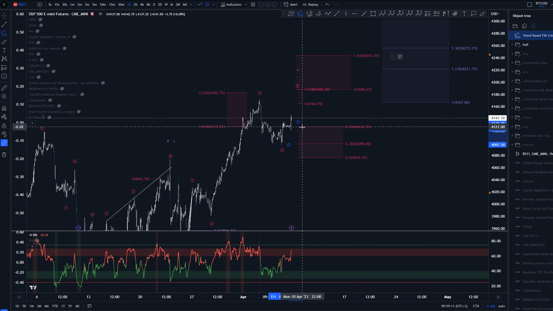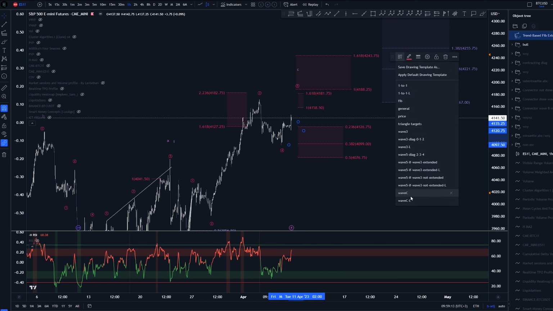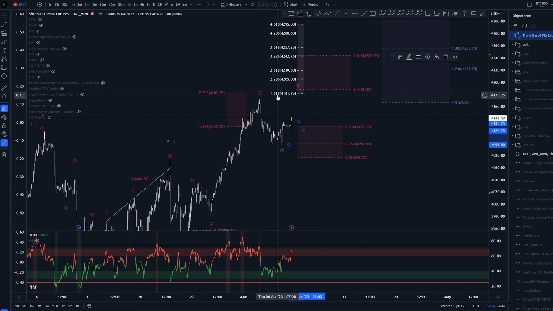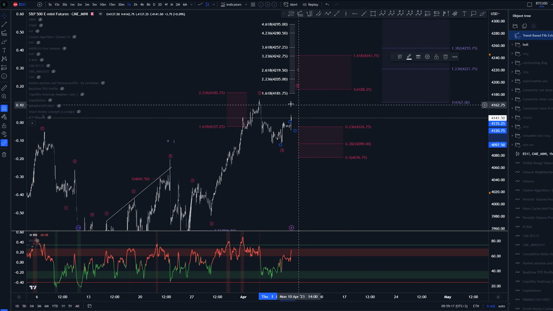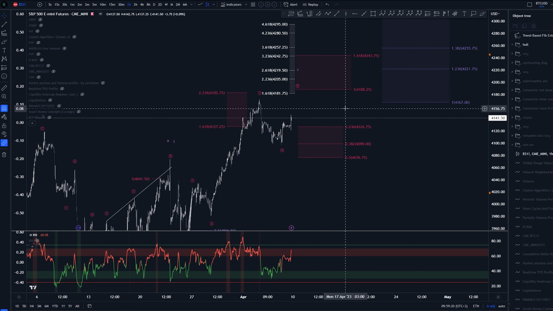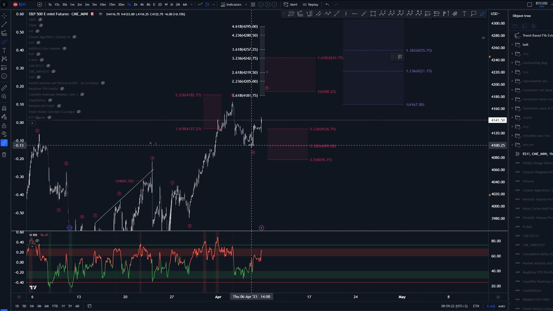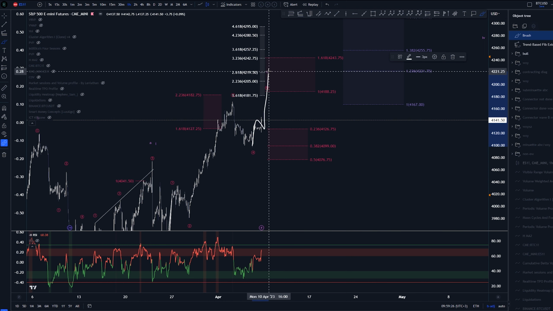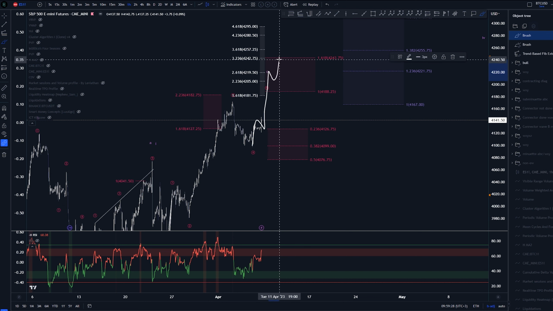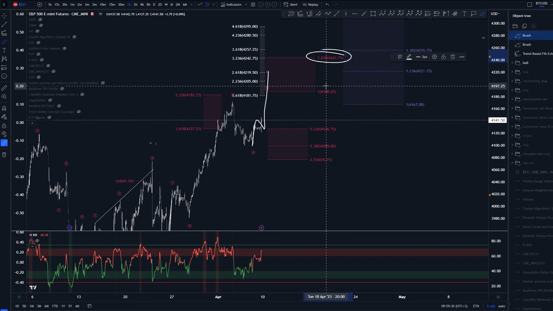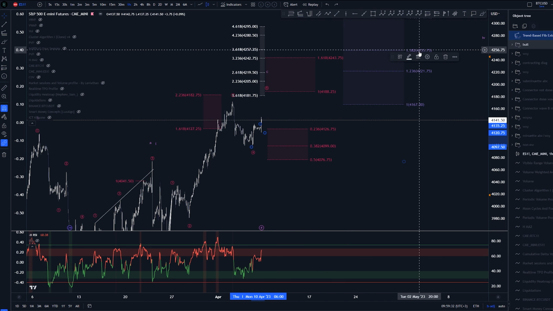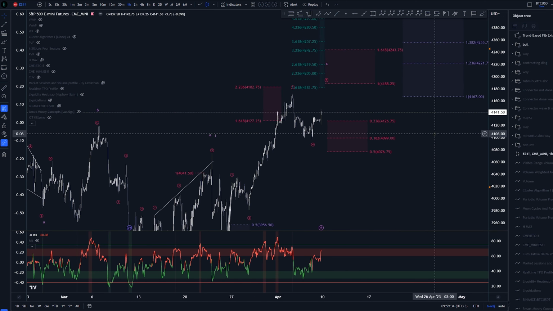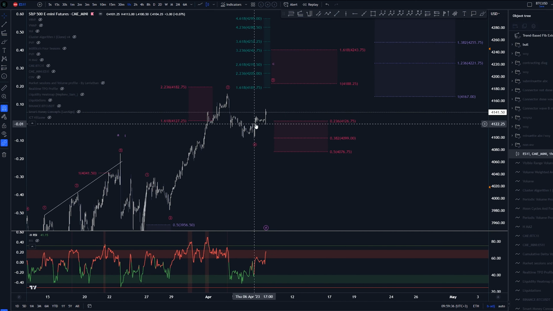I would be expecting this to be something like this, but again, none of these really are hitting the targets too much. We could be having an extension here locally, where this whole thing would be getting to the 2.618 extension, and then we'd be creating this and hitting the 1.618 extension here. So that is a potential, but we'll see how that turns out.